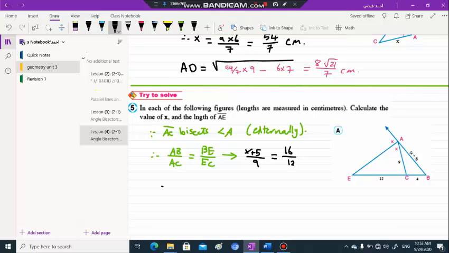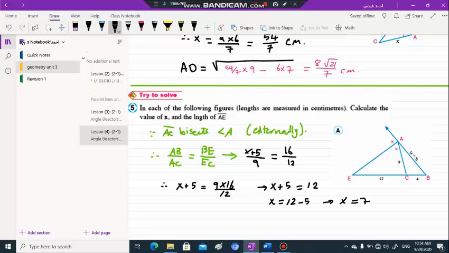So x plus 5 equals 9 times 16 divided by 12, so x plus 5 equals 12. So x equals 12 minus 5, so x equals 7.